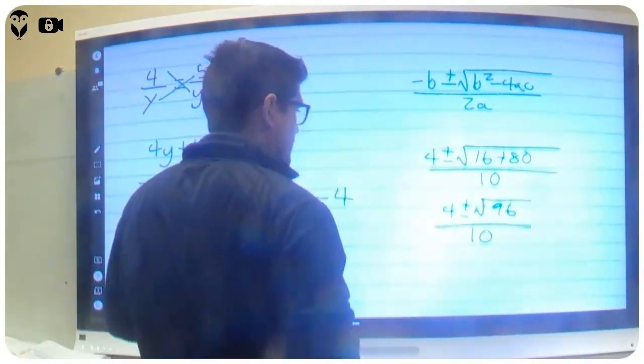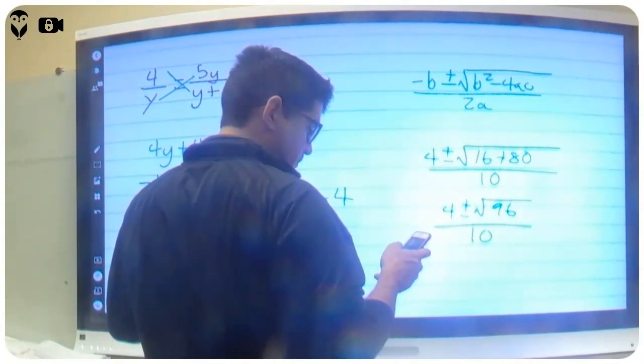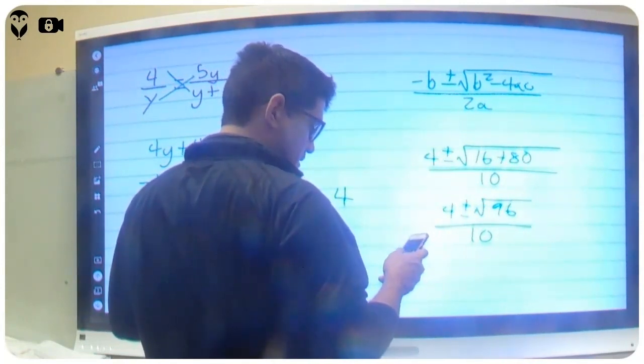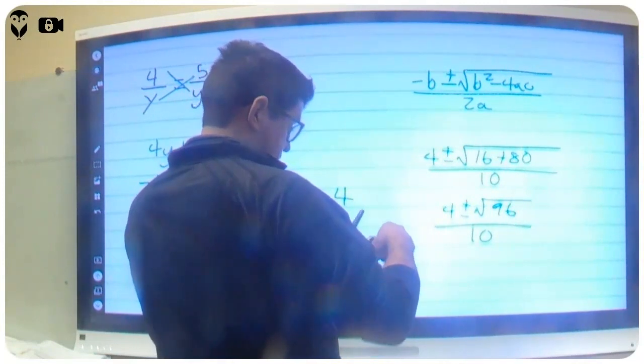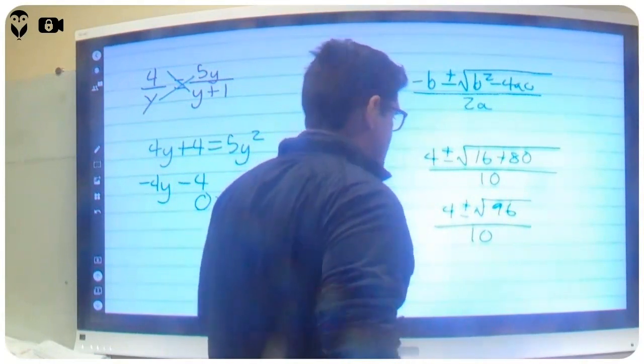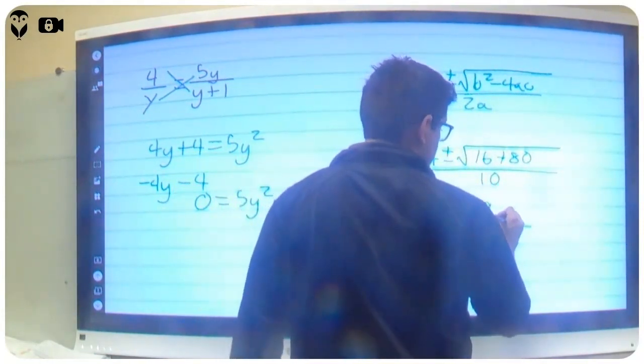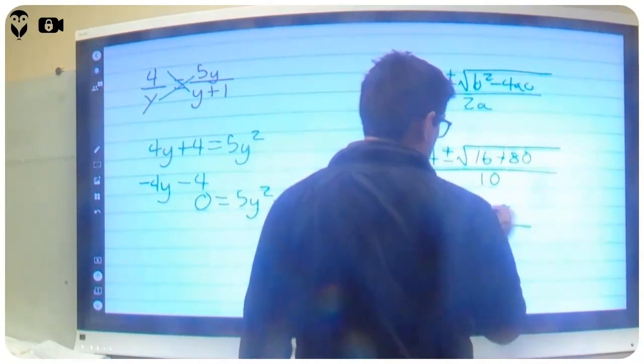The square root of 96, let's see if I have it here. 96 square rooted is going to be 9.8 if I round to the 10th. So this is going to be 4 plus 9.8 and 4 minus 9.8.